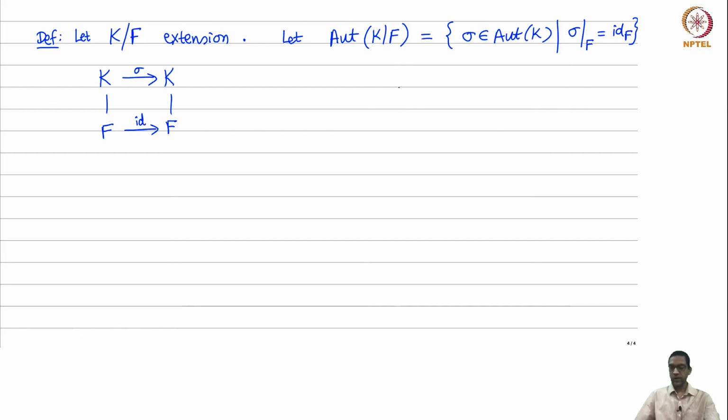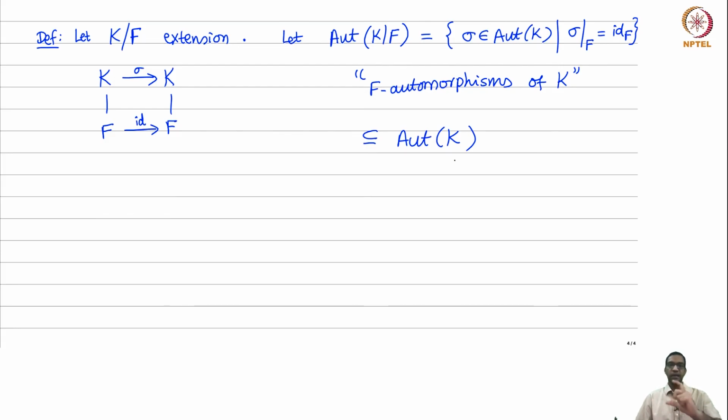Okay, so this is called Aut(K/F), sometimes called the group of F-automorphisms of K. And observe that this is a subgroup of Aut K. Aut K is all field automorphisms, even ones which don't fix F pointwise. But when we think about extension fields having K and F, then the natural notion really is that of Aut(K/F), automorphisms which fix the base field.